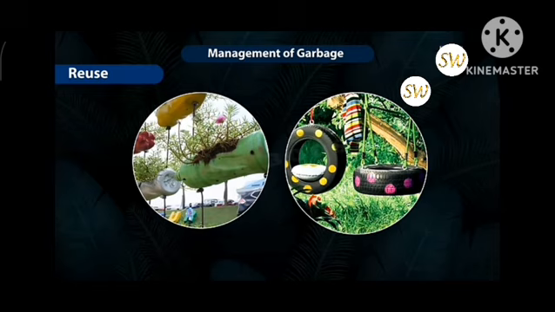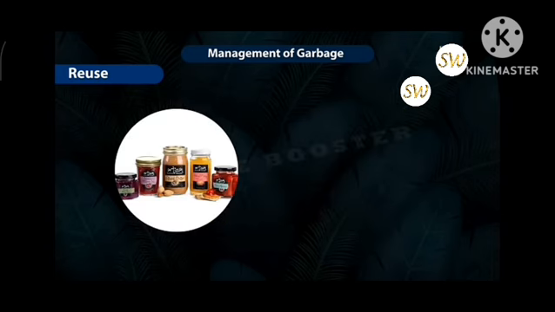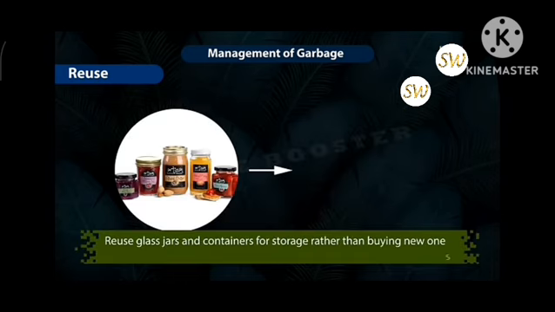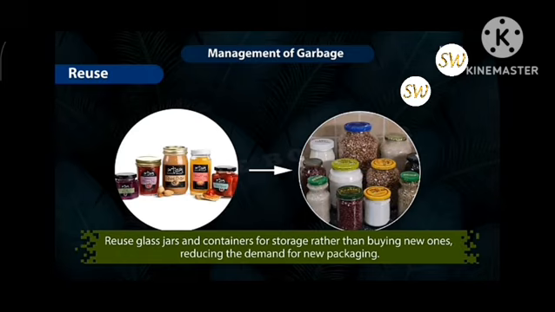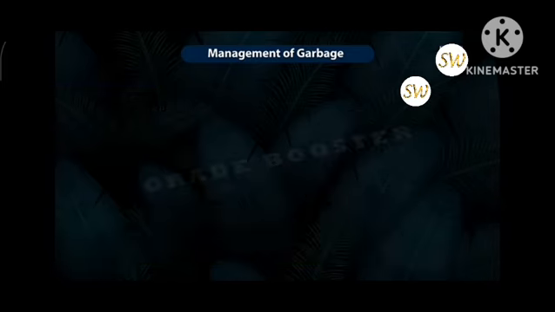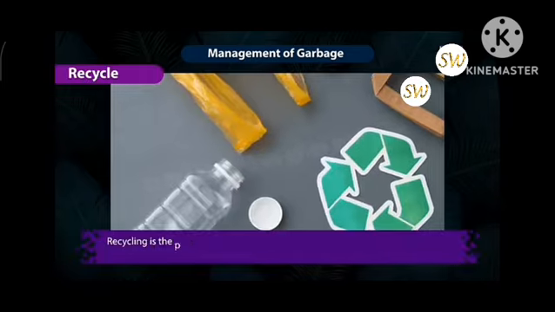Next one, reuse. Reuse involves finding new uses for items to extend their lifespan and reduce the need for constant production of new goods. For example, containers and jars. Reuse glass jars and containers for storage rather than buying new ones every time. Recycle.